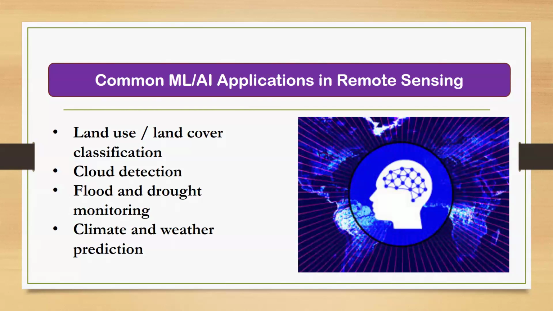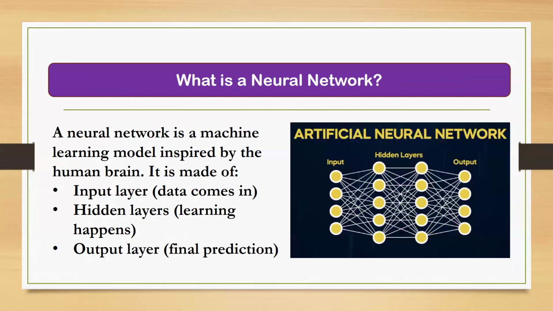And then there's also climate and weather prediction, which I also work on a lot, for example, forecasting what the temperature would be at a particular time in the future, or how the temperature is going to change over the future. So those are the kinds of things that AI also does.